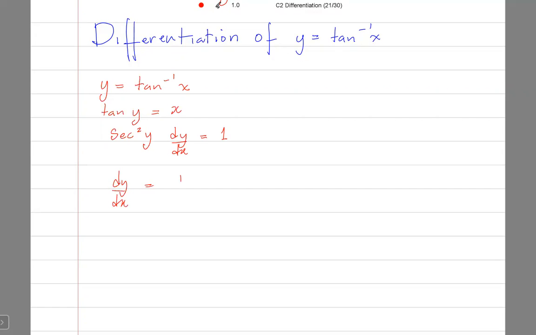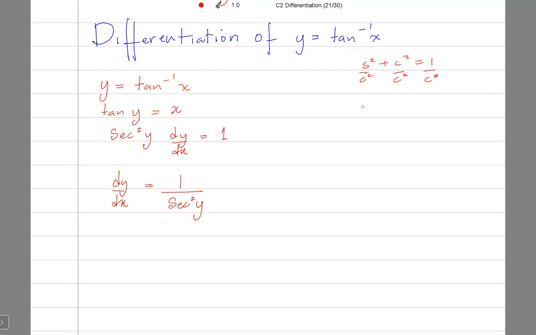So I'm going to get dy by dx is equal to 1 over sec squared y. You all remember, s squared plus c squared is equal to 1. If I divide both sides by c squared, and everybody knows that s stands for sine and c stands for cos, right?